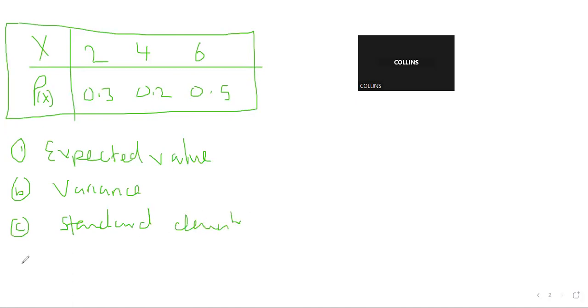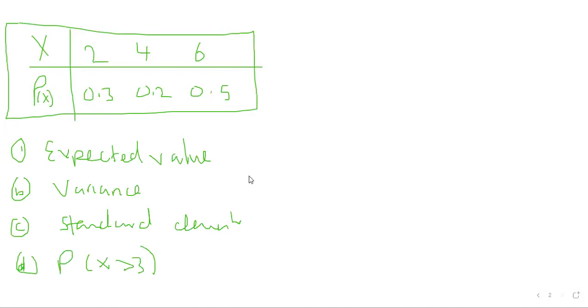And maybe the probability that x is greater than 3. The easiest way to calculate this is to come up with a table. We have the values of x that have been given, which are 2, 4, 6.